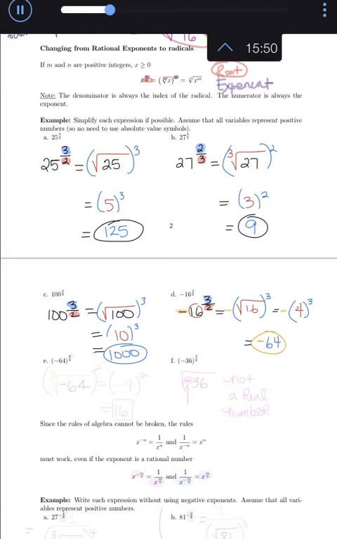In problem E, we do this the same way. We start with the denominator, which is a 3, so we're looking at a cube root of whatever's inside the parentheses, which in this case is negative 64. What's the cube root of negative 64? That's negative 4.